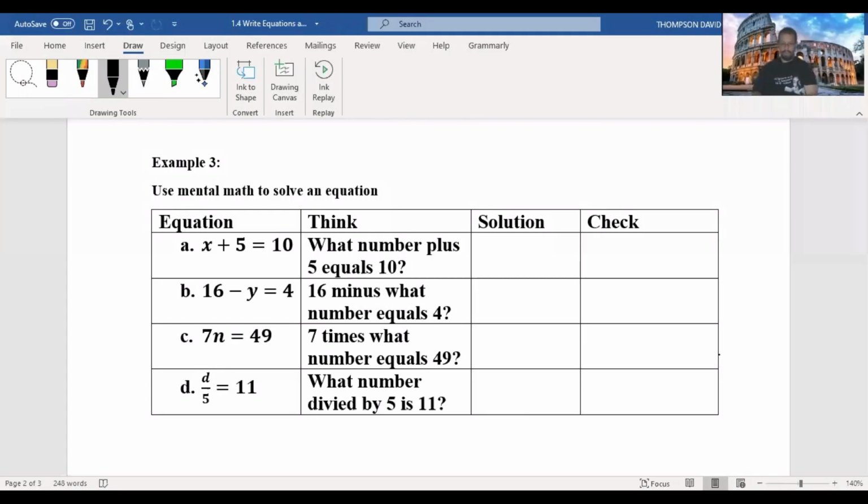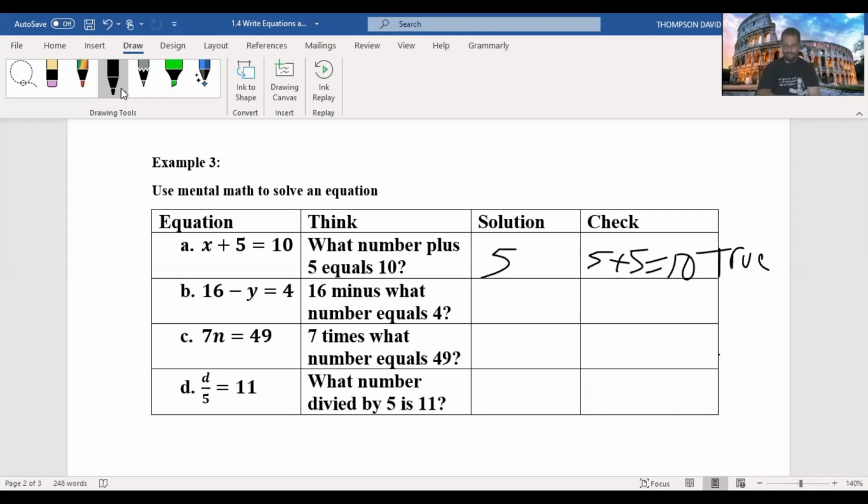Example 3. Use mental math to solve an equation. Part A, x plus 5 equals 10. We want to think, what number plus 5 gives me 10? That should be 5. So 5 plus 5 equals 10, and that's true. Part B, 16 minus y equals 4.